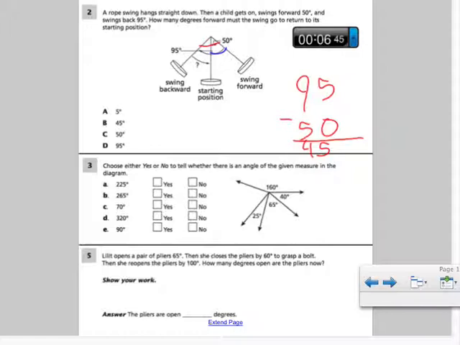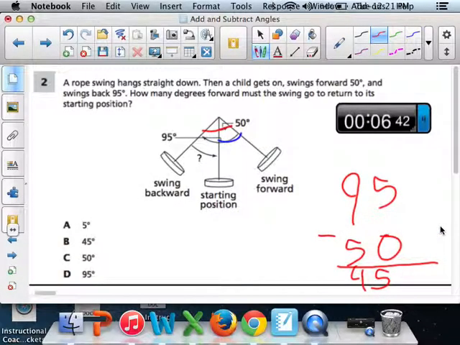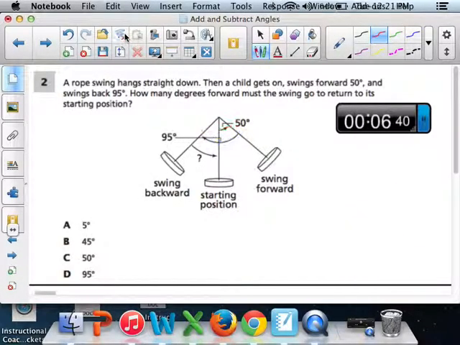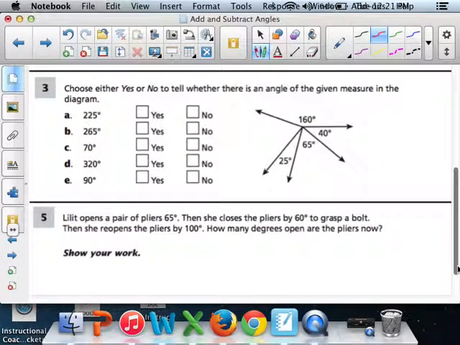Let's move on. I'm actually going to zoom in a little bit for this next one, and scroll down the page a teeny tiny bit. Choose either yes or no to tell whether there's an angle of the given measure in the diagram.